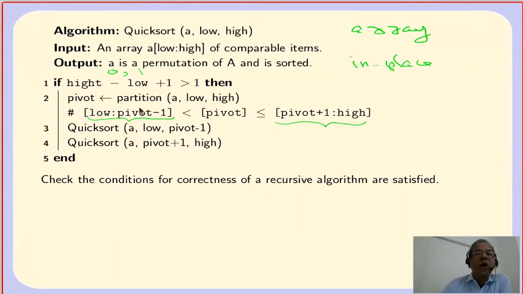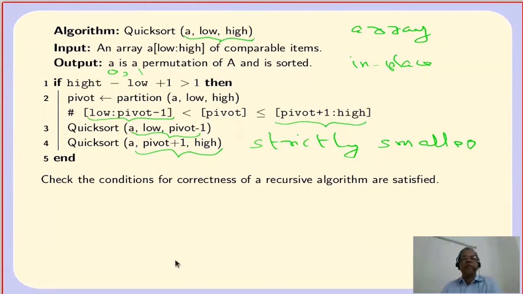So one recursive call results in 2 recursive calls with input size strictly smaller. We have removed one element from the array. Therefore, both the inputs will be strictly smaller than A low to high. Check the conditions for correctness of a recursive algorithm are satisfied.